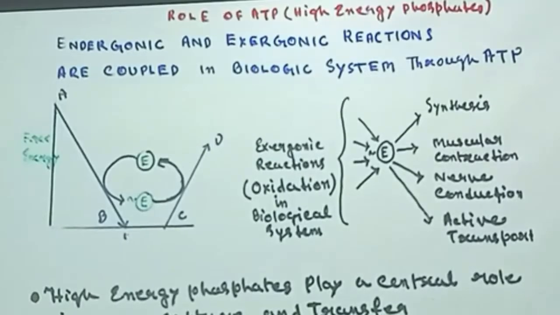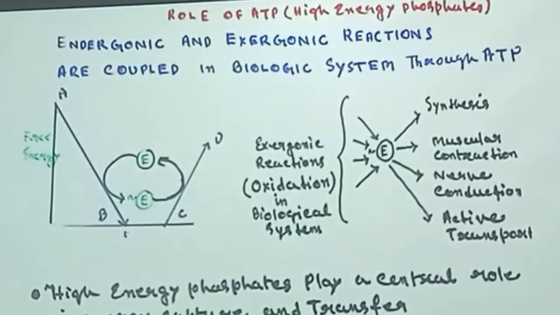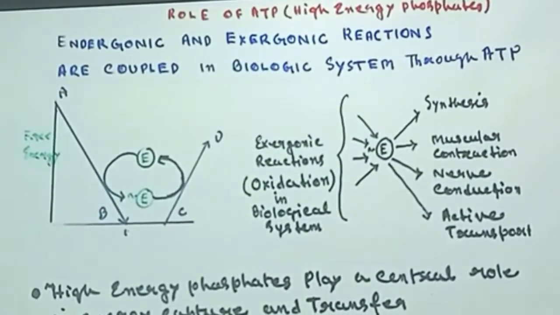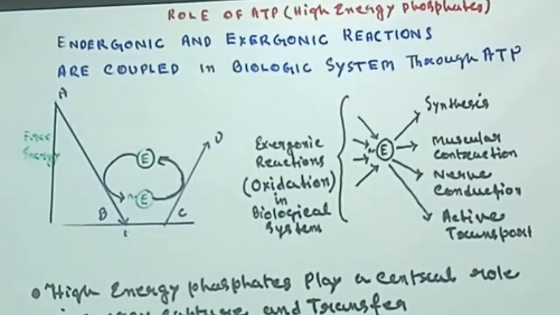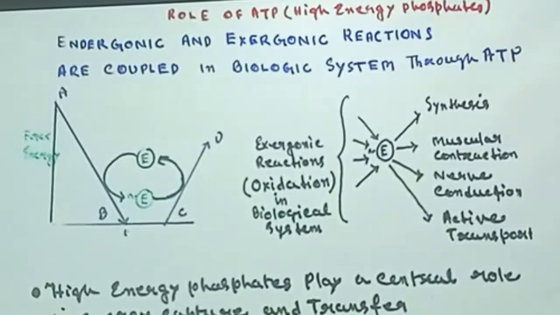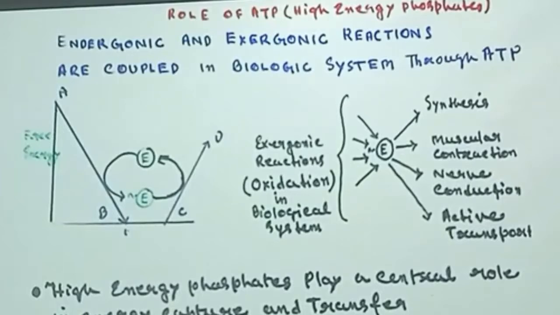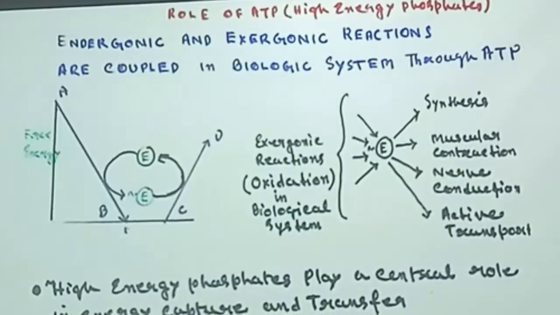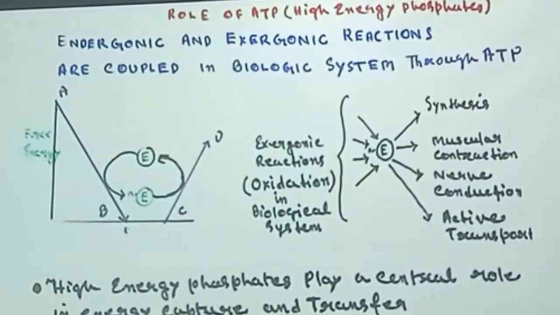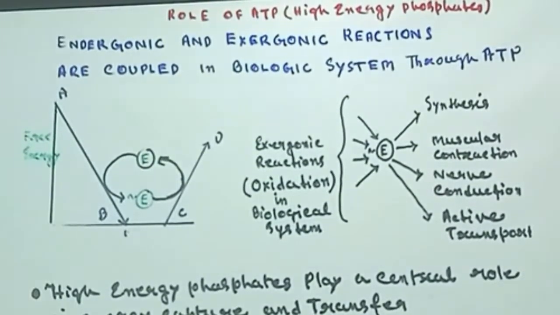Exergonic and endergonic reactions are coupled in biologic systems through ATP, adenosine triphosphate, or there are other triphosphates as well, CTP, GTP, but mainly adenosine triphosphate. They are the energy currency. The adenosine triphosphate is produced in our body by capturing the energy, which is utilized whenever energy is required.